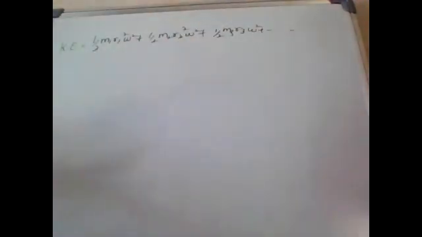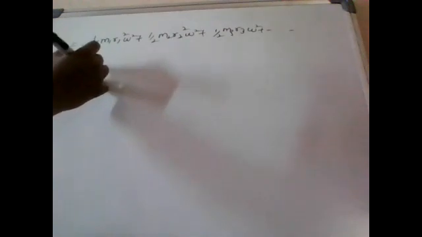So kinetic energy equal to, we can write, 1 by 2 m1 r1 square omega square plus 1 by 2 m2 r2 square omega square plus 1 by 2 m3 r3 square omega square plus so on for all particles.